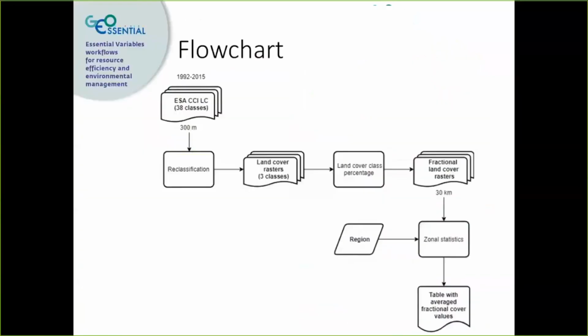So the workflow is using, as I said, all these datasets from the ESA CCI land cover products. Then we reclassify them and we obtain the rasters with only 3 classes. Then we estimate the fractional land cover rasters, considering different spatial resolutions that can be defined by the user.